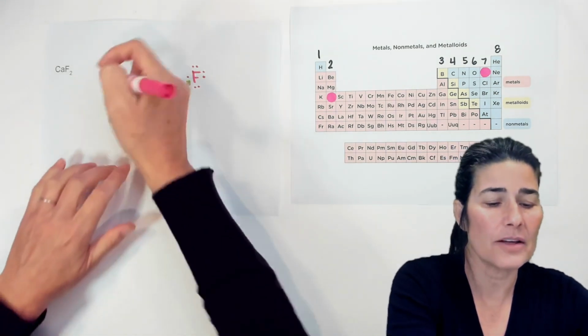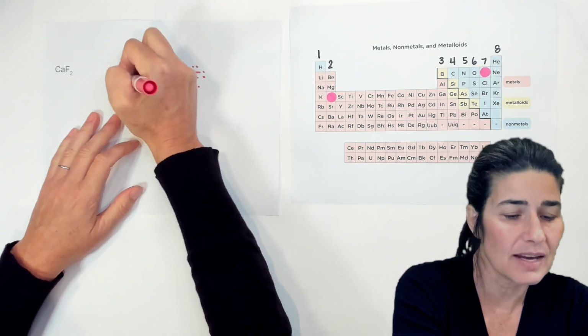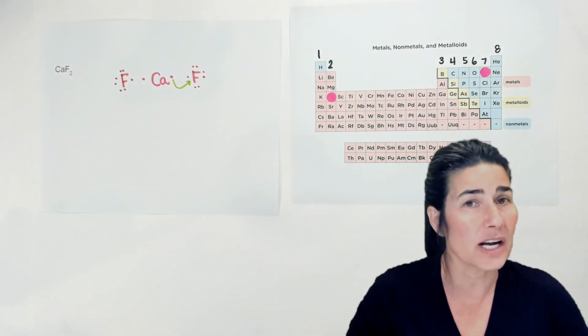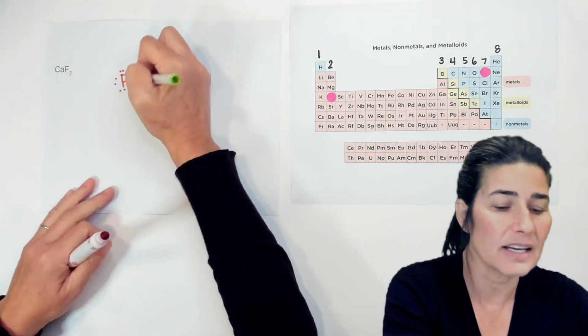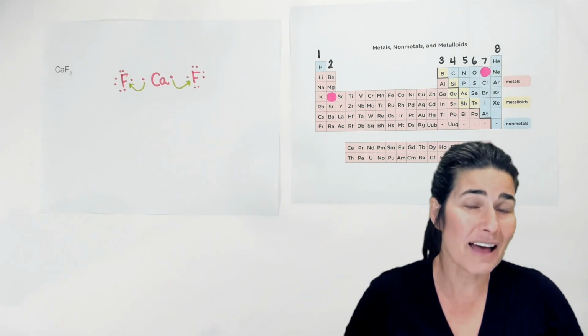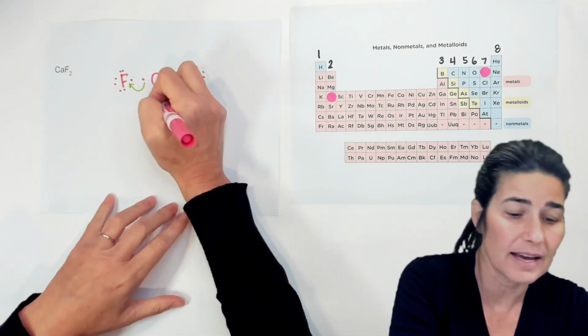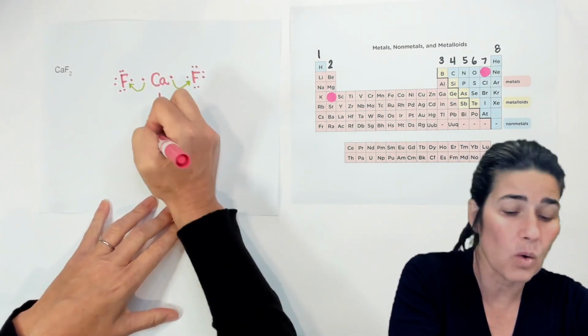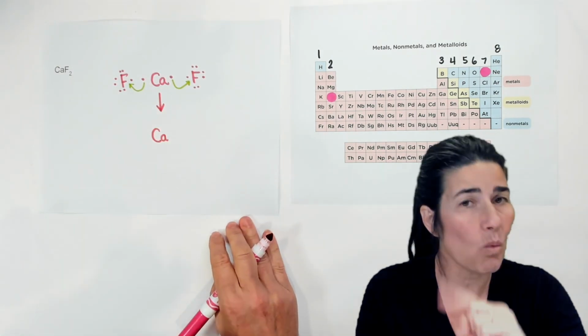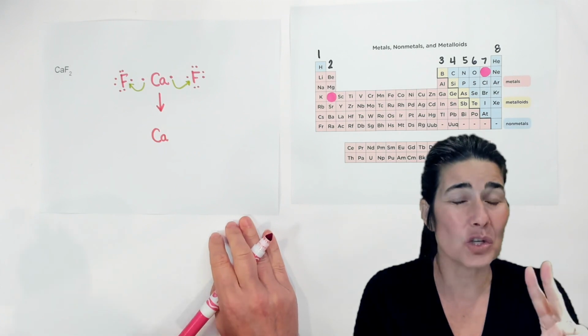So I'm going to write the other fluorine on the other side with its 1, 2, 3, 4, 5, 6, 7 valence electrons. This fluorine is going to rip the other electron off of calcium, and that fluorine will also gain its octet. So in the end, what you're going to have is a calcium atom that has lost not 1 negative, but lost 2 negatives.